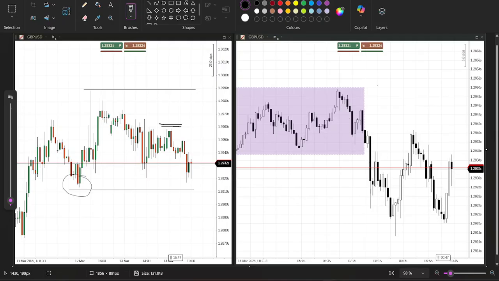And this is where I think we had some gap to fill or some liquidity to grab. This was my target anyway. And this was strong because this defeated the previous level. So we come up and, anyway, long from here. That's this chart.